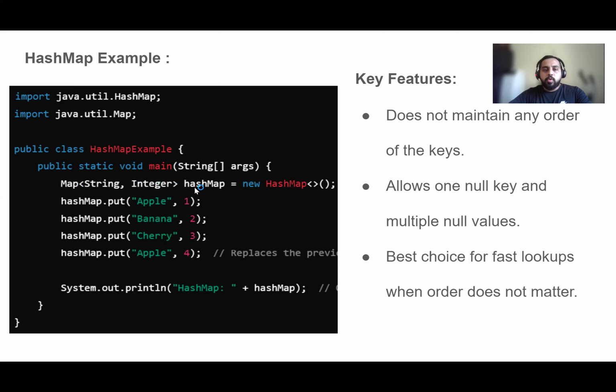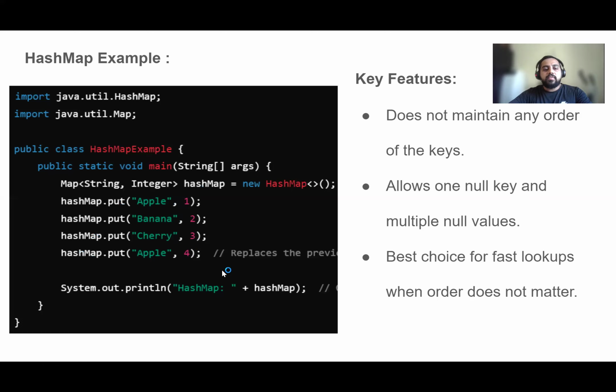We use put to add data to this HashMap collection. So map.put(apple, 1), put(banana, 2), put(cherry, 3), and put(apple, 4). Here apple is a key and its value is 1, banana 2, cherry 3.